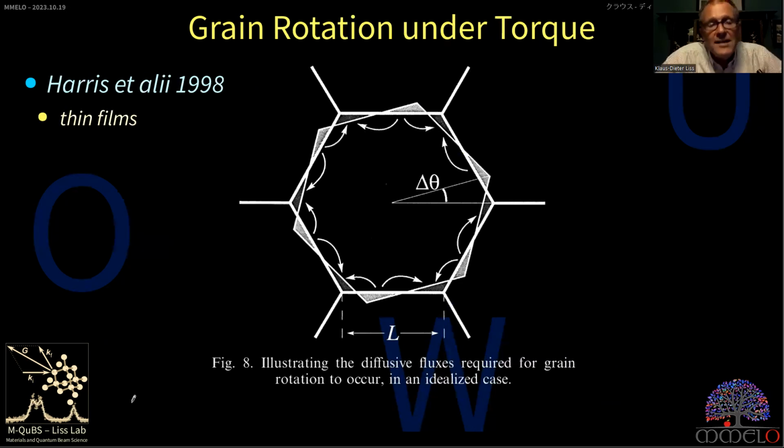Then Harris et al. did the same model on a rotational coordinate system. So this is already the grain reorientation as needed for grain coalescence.